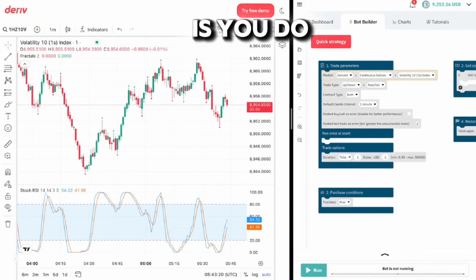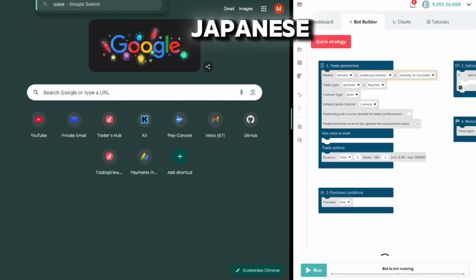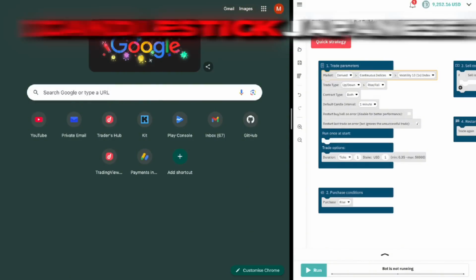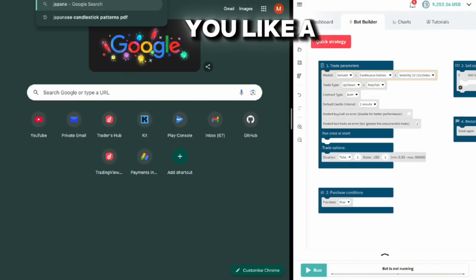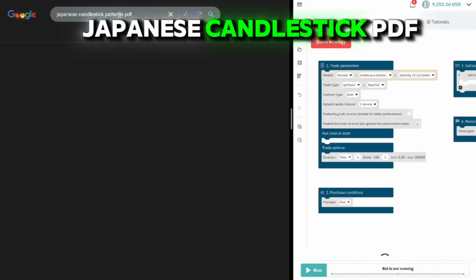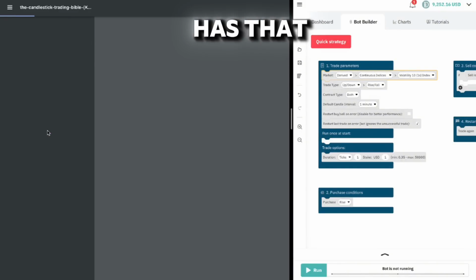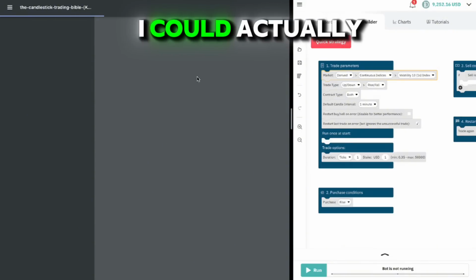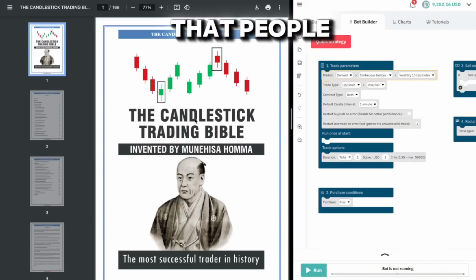What I recommend is you do this. Come to the internet and search for this book. If you want to understand candlestick, Japanese candlestick, this will take you like a day to read. Japanese candlestick PDF. This guy, the second one, has that. I think Johan. I could actually download this and put it on the boards page so that people can download.